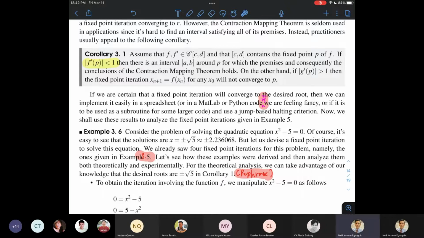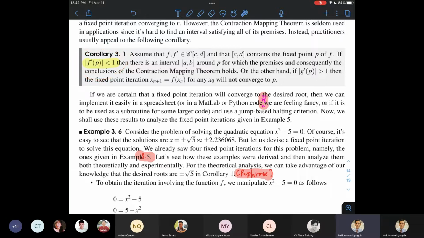So, hindi mo na kailangan maghanap ng interval AB kung saan yung function ay mapping from AB to AB. Alright? Pwedeng mas malaking interval yung i-consider mo as long as sure ka na mayroong fixed point nun and the derivative of f evaluated at P has magnitude less than 1. Okay? Tapos lahat na nung results sa contraction mapping theorem ay mag-hold. Okay. So, ito yung crucial thing.